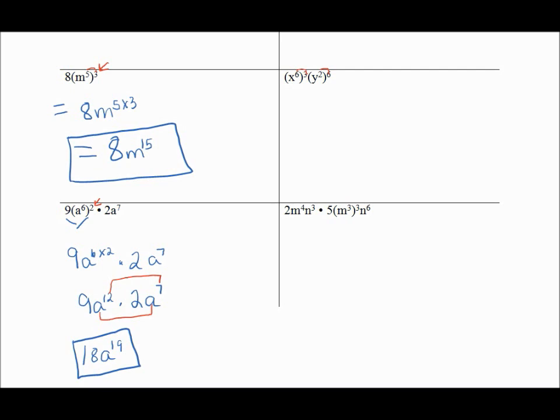So I'll end up with x to the 6th times 3 is 18, 18th power. And then y to the 2 times 6 is 12, to the 12th power. So I end up with x to the 18th power, y to the 12th power. And that's my answer.